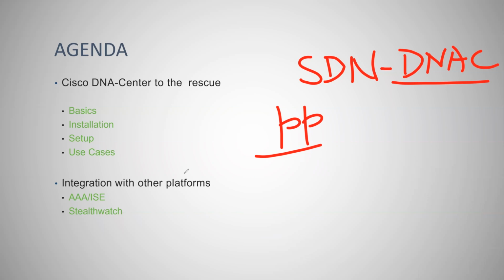Which device is providing security? Usually it's the wireless controller that has the security. But the wireless controller has integration with which device? The firewall. Yeah, they have integration with ICE, identity services.